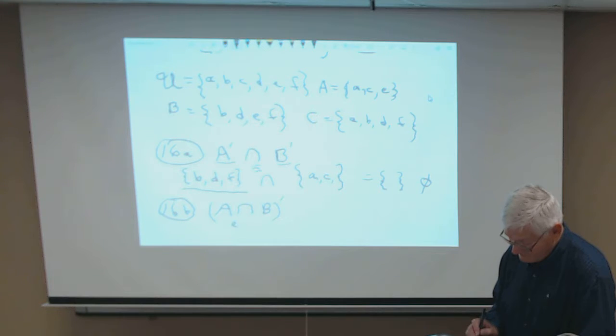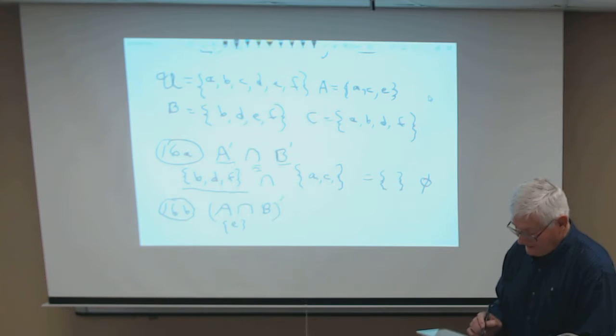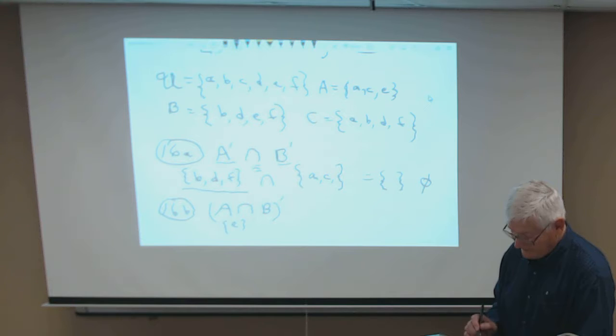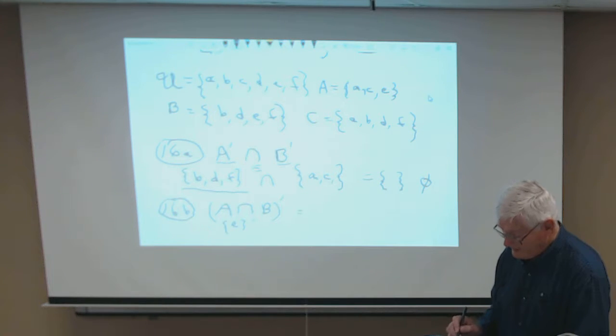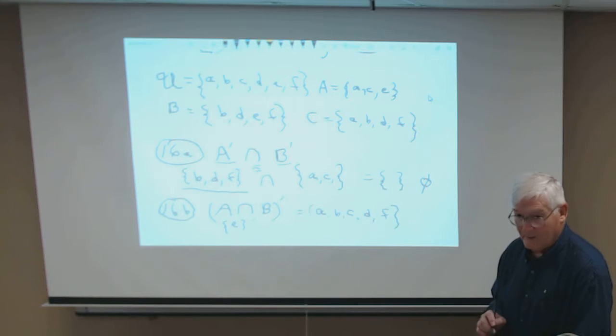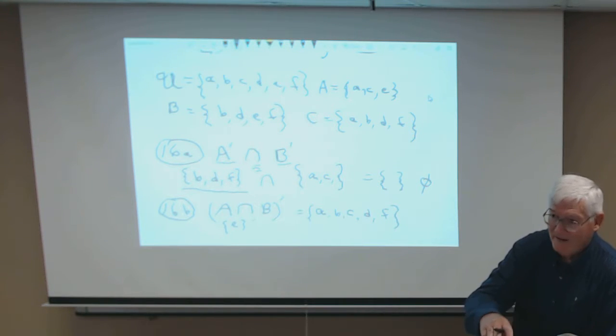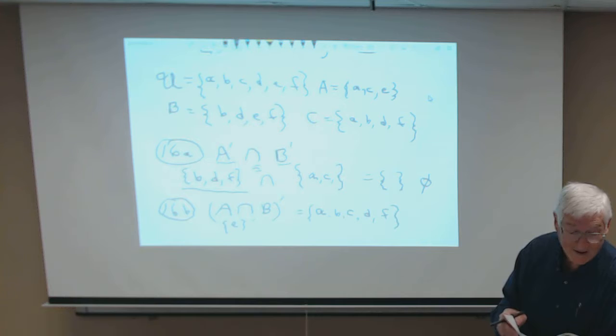E. Everybody see that? So E is the intersection of A and B. Now what's the complement of E? Everything in the universe that's not E. So the answer would be A, B, C, D, F. Everybody follow that one? Fantastic. We are on a roll.